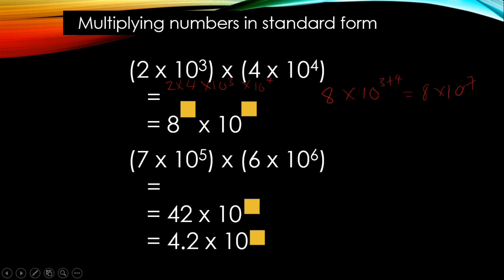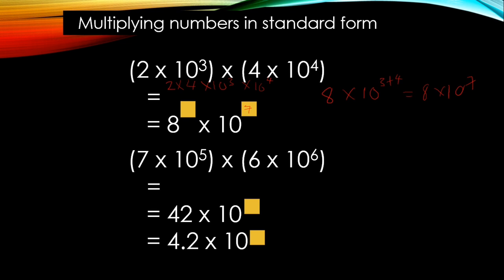Okay, so it will be the same as 8 to the power 1 here times 10. So 8 to the power 1, of course, just leave it like this. 8 times 10 to the power 7 here like this.